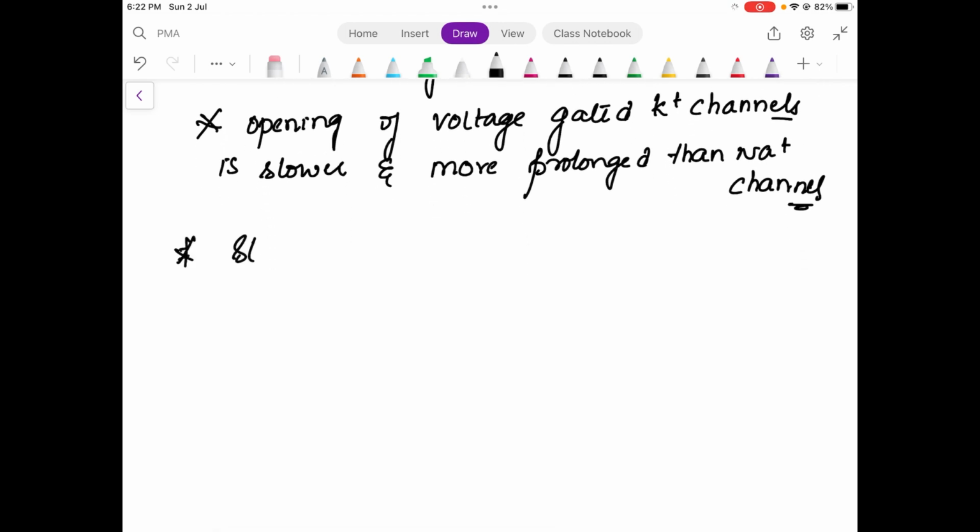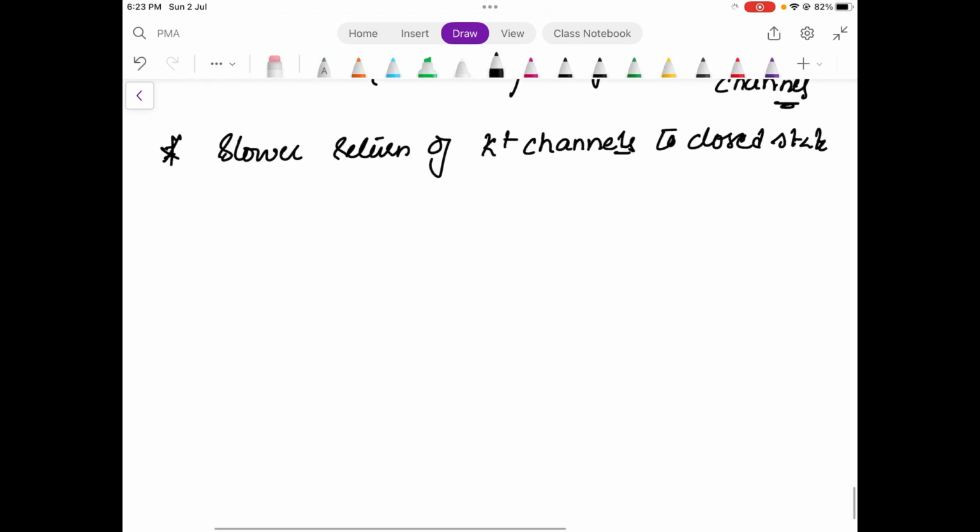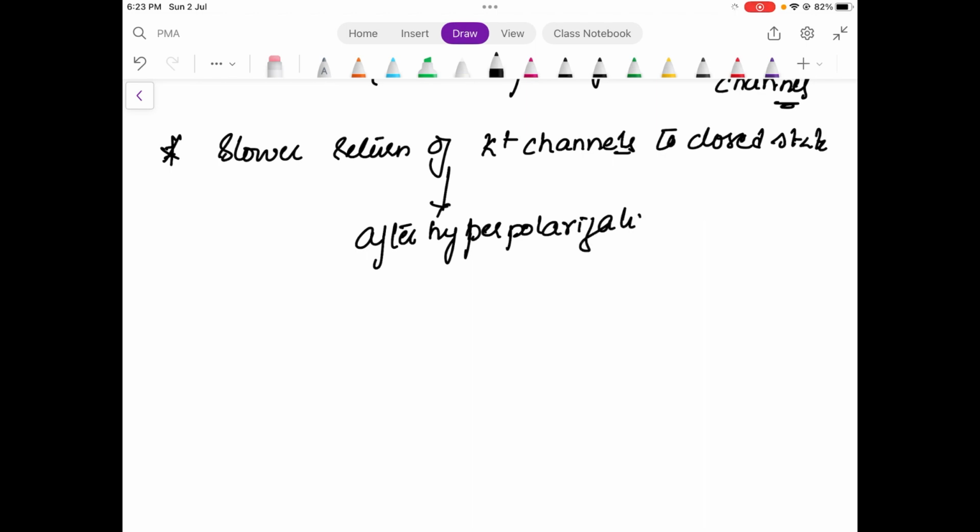This slower return of potassium channels to closed state will cause after hyperpolarization.